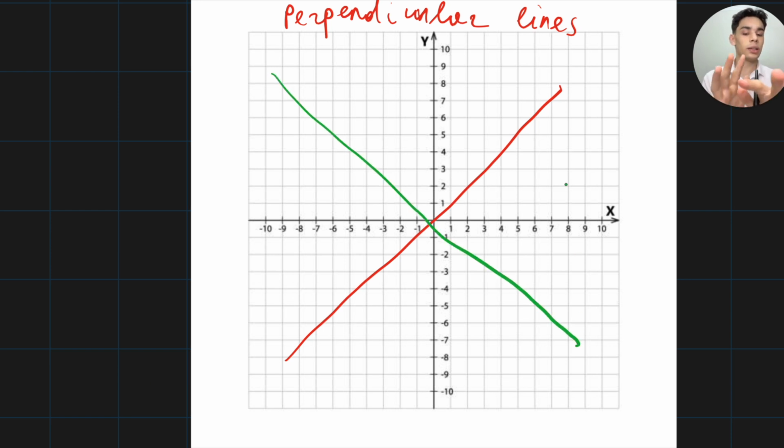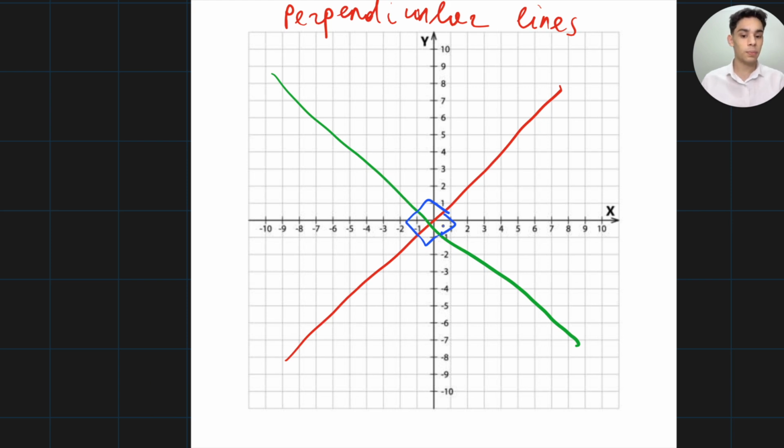Again, I'm drawing these lines just to demonstrate everything. Now, when intersecting, perpendicular lines create a 90-degree angle. So this is 90, this is 90, this is 90, and so on. This is what separates perpendicular lines from just any other normal two pairs of lines.